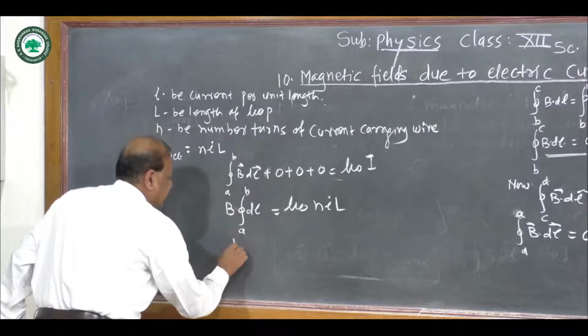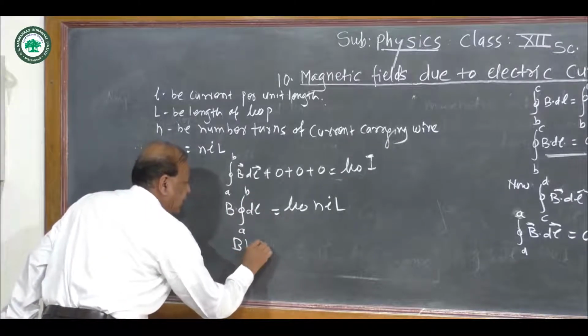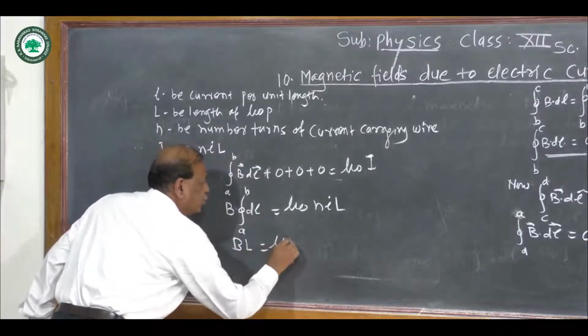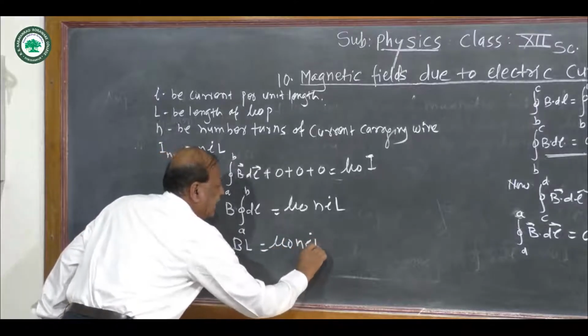Therefore this equation becomes BL is equal to mu 0 N i L.